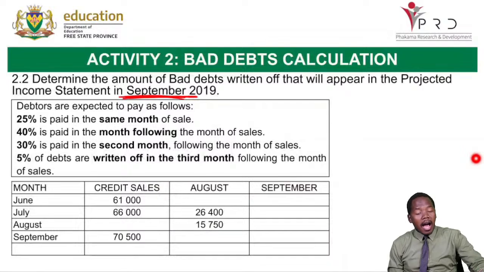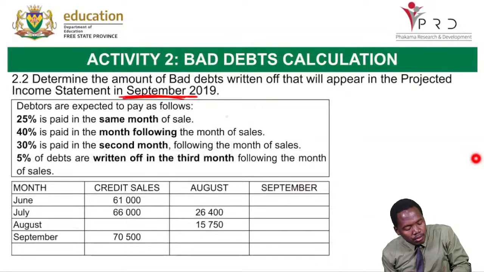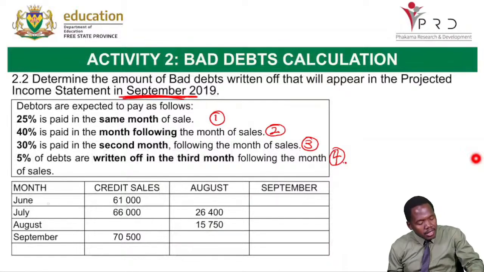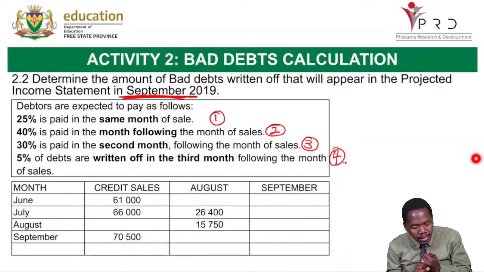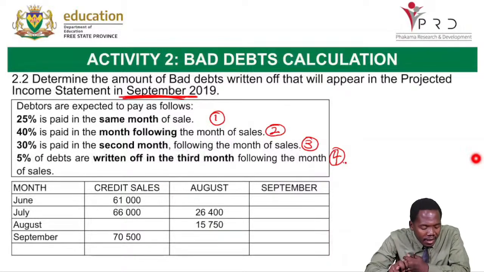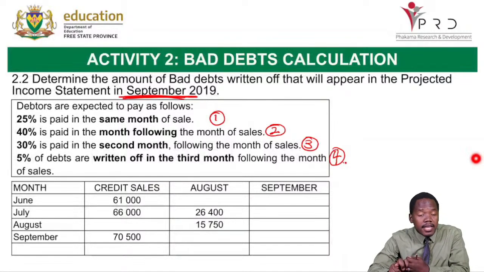Meaning, how long does it take us to record bad debt? It must be month number 1, month number 2, month number 3, and then bad debts must happen in the 4th month. Let's start with June. Month number 1 will be June. Month number 2 will be July, that is 40%. Month number 3 will be August, that is 30%.